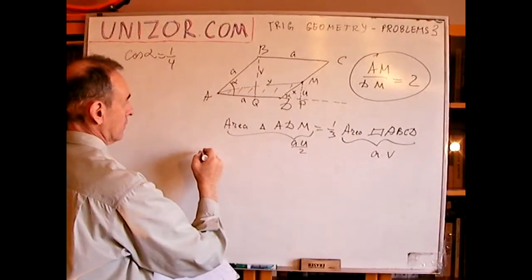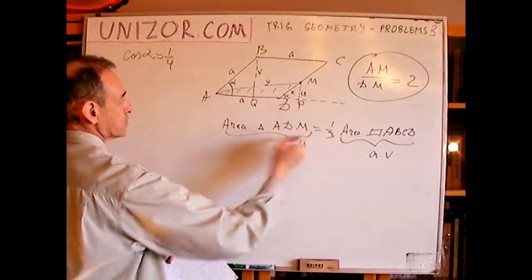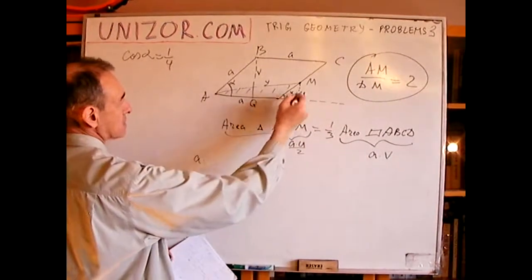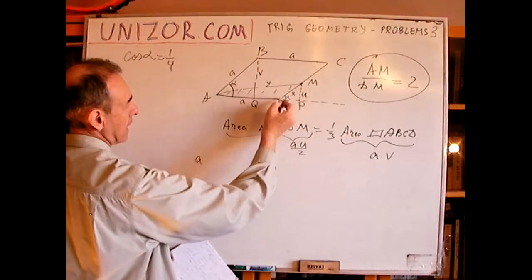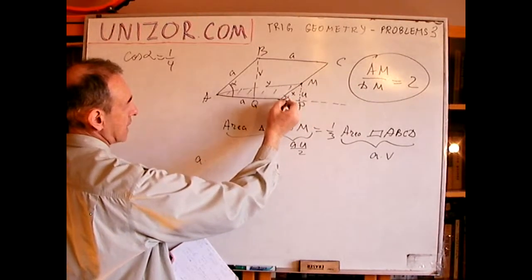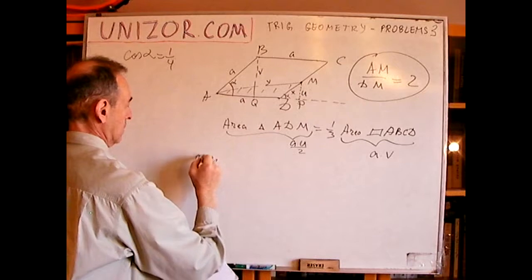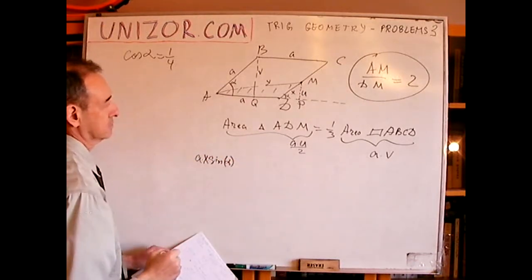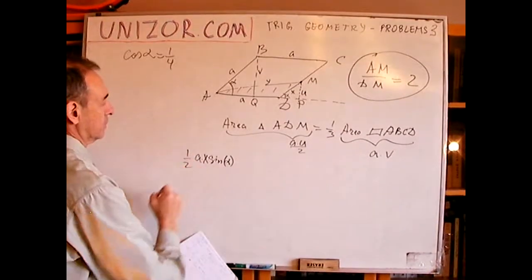So this particular equation would look like this. A times, instead of u, I will put x sine alpha, x sine alpha divided by 2.